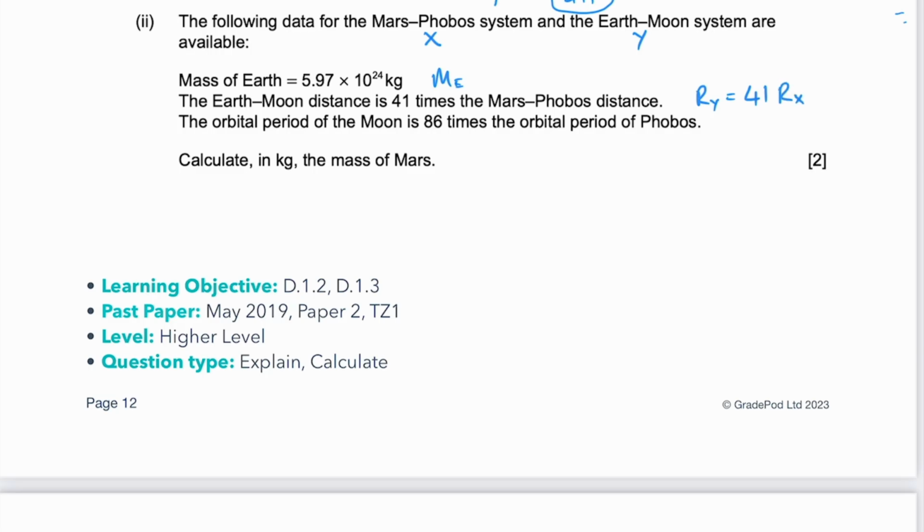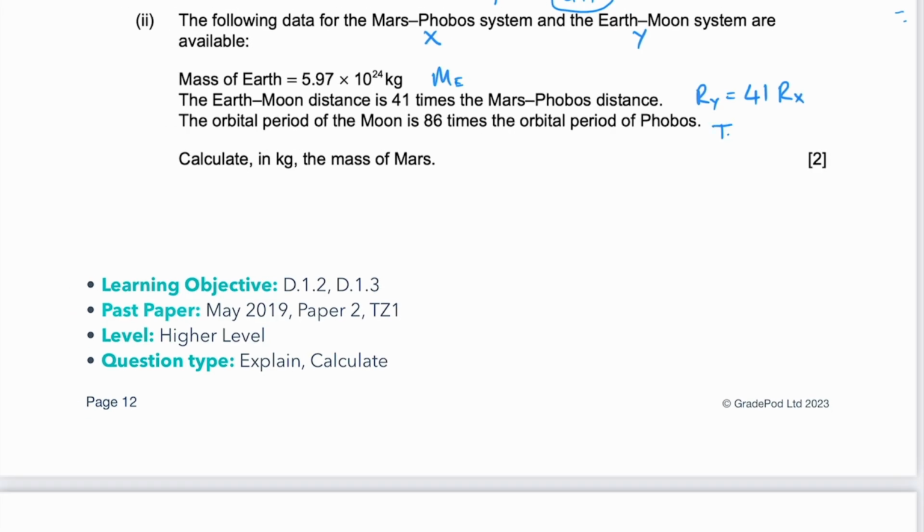And the orbital period of the Moon is 86 times the orbital period of Phobos, so Ty is equal to 86 Tx. And we know that r cubed over T squared is equal to kM for the X system, and we also know the same for the Y system.